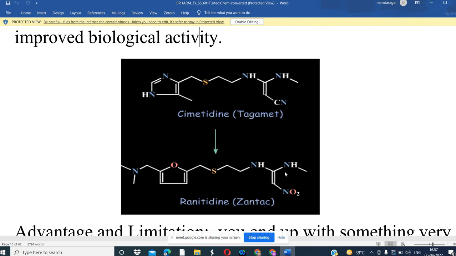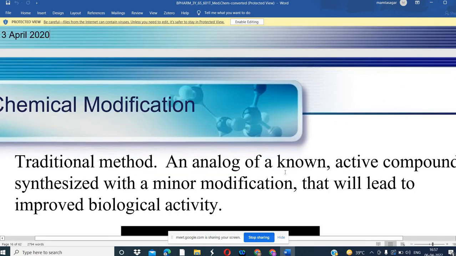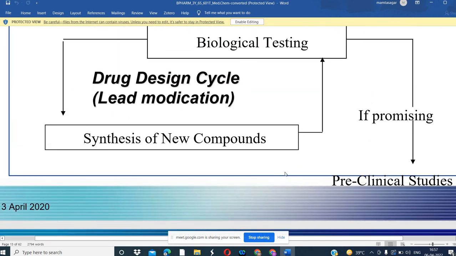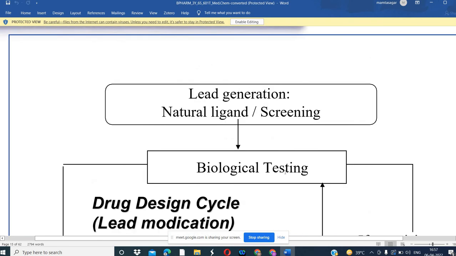Then we can proceed with laboratory testing. Before spending any money, we can do the computational study. That can save a large amount of money, because drug discovery is not an easy task, it is a very costly procedure. So in the designing process, using computers is very helpful.